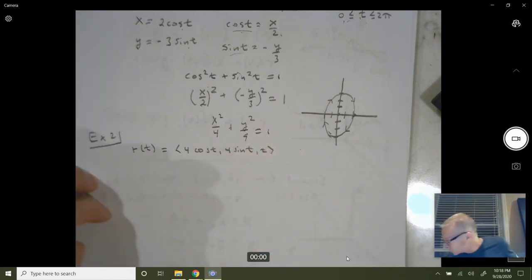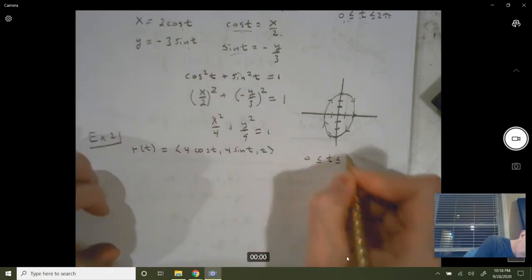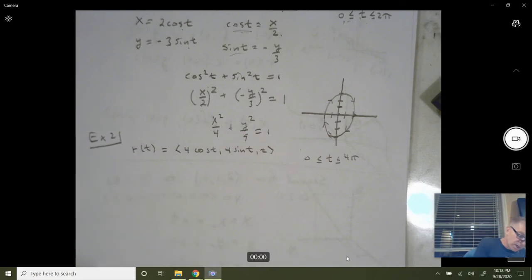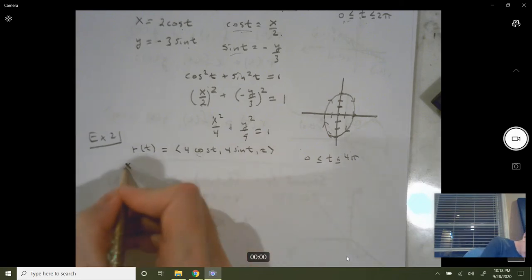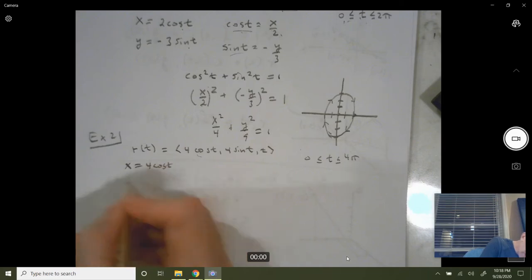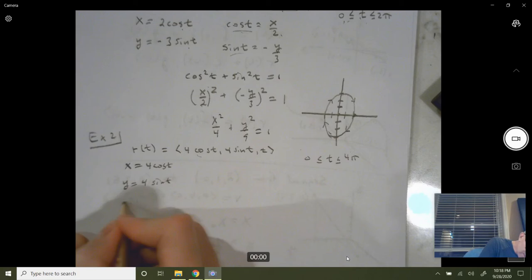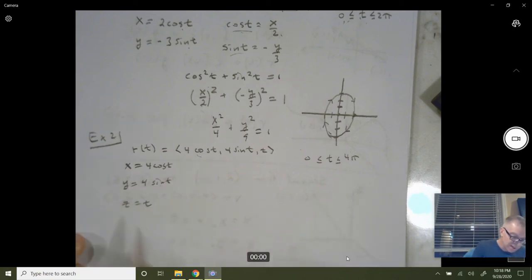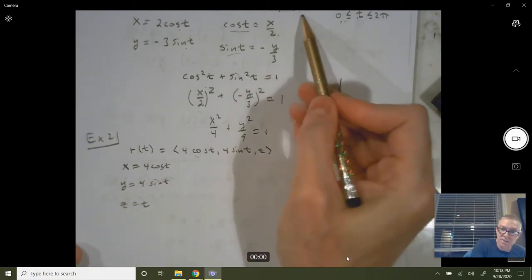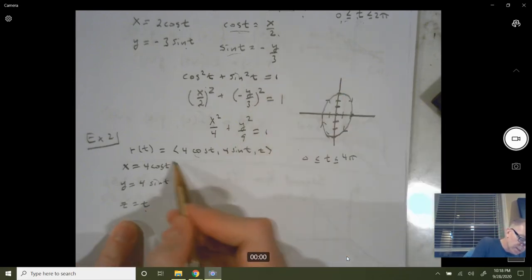And it says t goes from 0 to 4 pi. Again, we're going to have x equal 4 cosine t, y is equal to 4 sine t, and z is equal to t. So z is not constant. Up here, z was constant. Z was always 0. Here, z is changing.